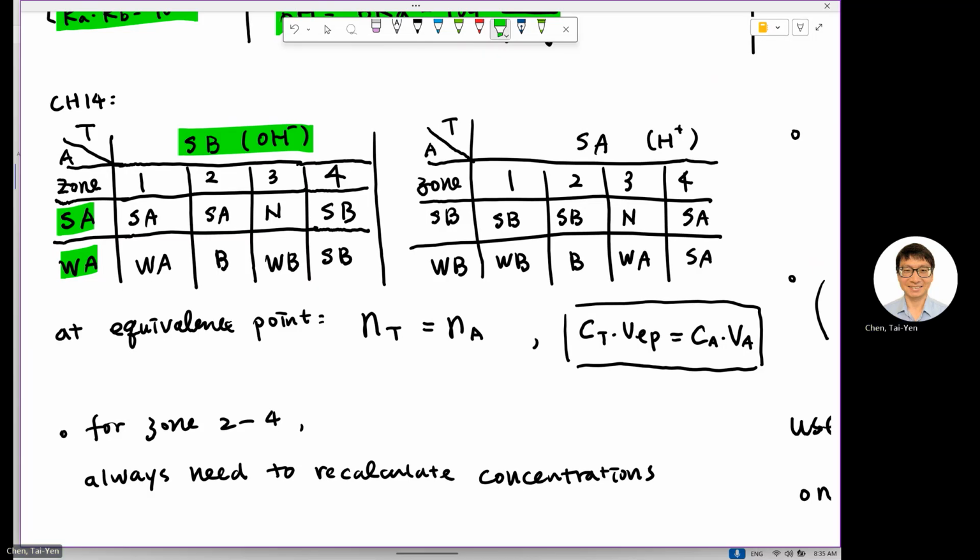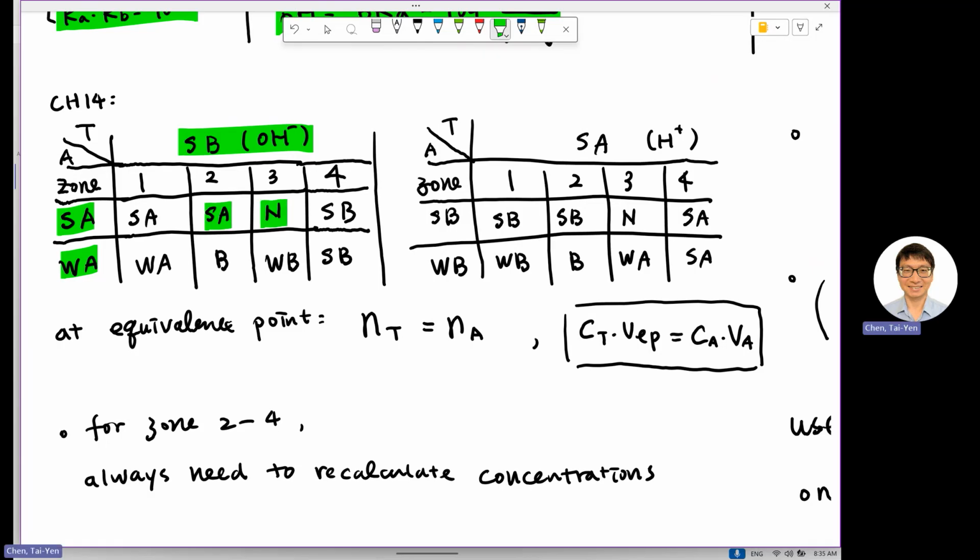Zone 2 is where you add your titrant, in this case a strong base, into your analyte. Right now you have a bunch of strong acid inside your glass. You add in a little bit of strong base, and all of the strong base will be consumed. So you still have a bunch of strong acid inside your solution. In zone 2, you still have a strong acid solution.